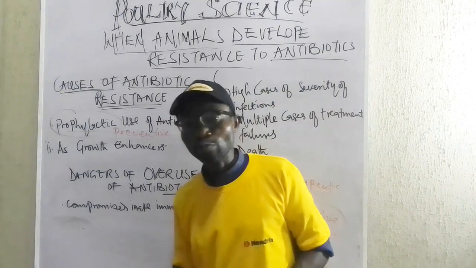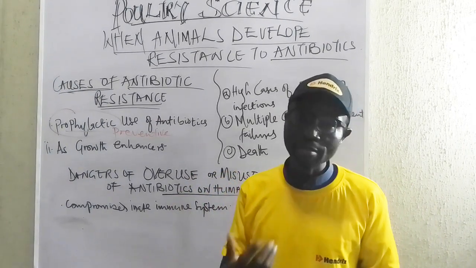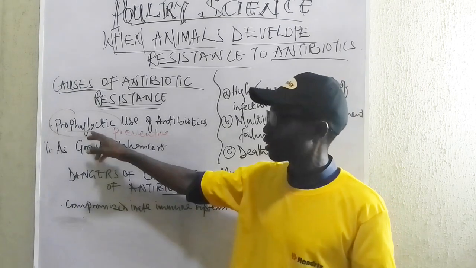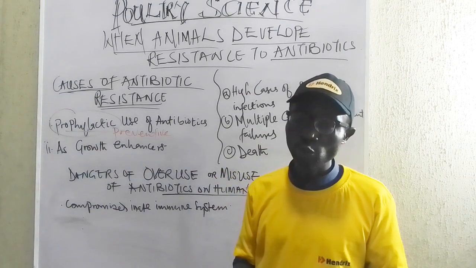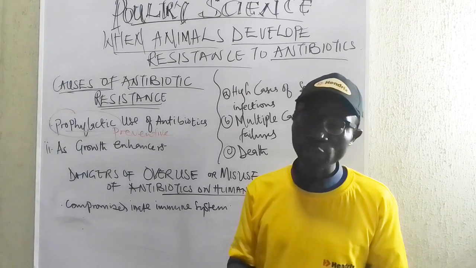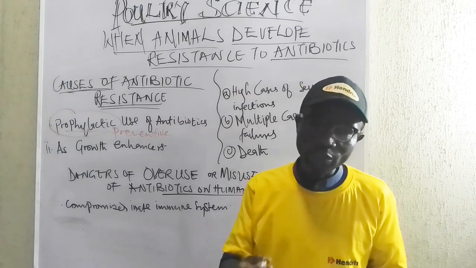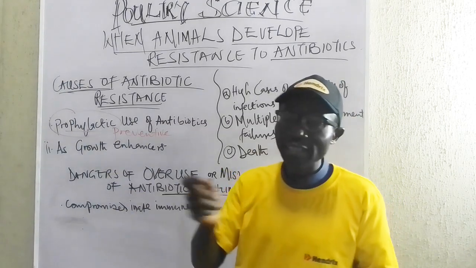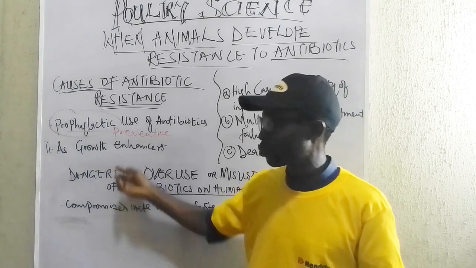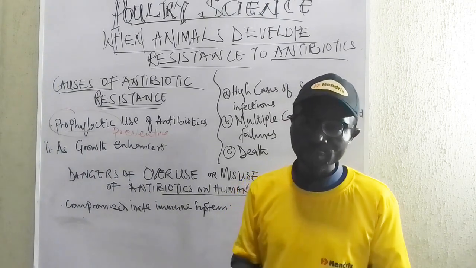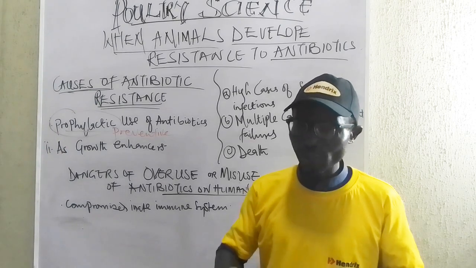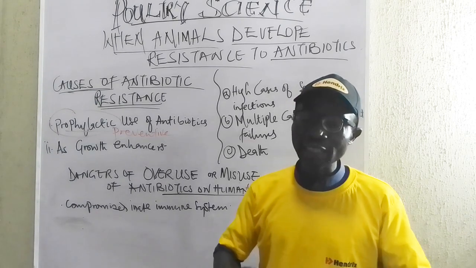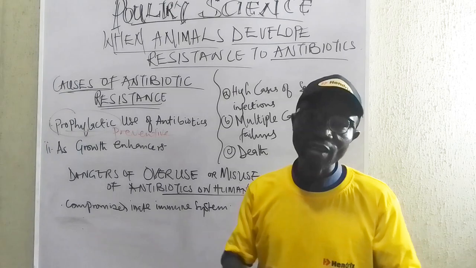Sometimes people say, my aim is not prophylactic, but as a growth enhancer. This started around the mid-20th century, when people discovered that if we add a little quantity in the feed, it will make sure that any little bacteria is killed, and then the animal will be growing and growing fine.